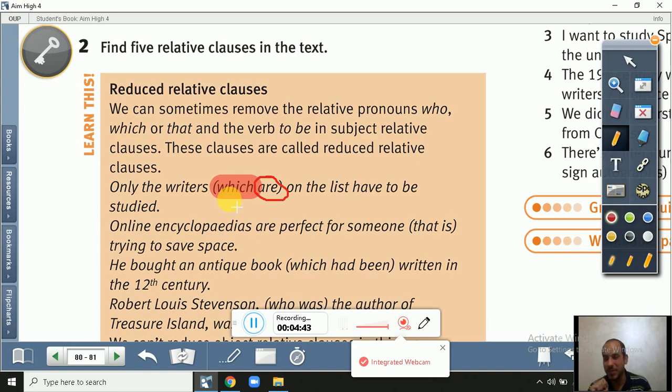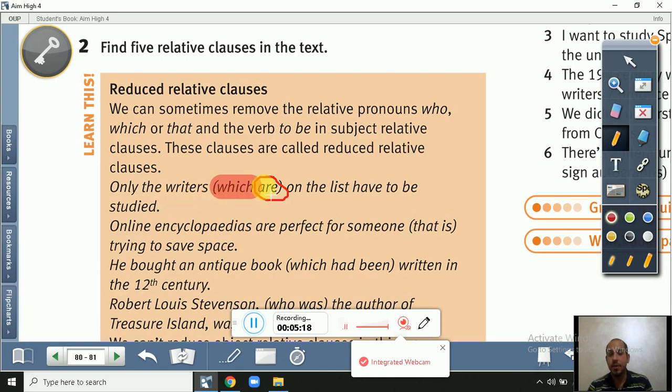I will answer you. Because I'm not talking about the writers as people or as persons. I'm talking about writers, their names. So they are things, because I'm not talking about them as persons, but as names. And that's why we use which.